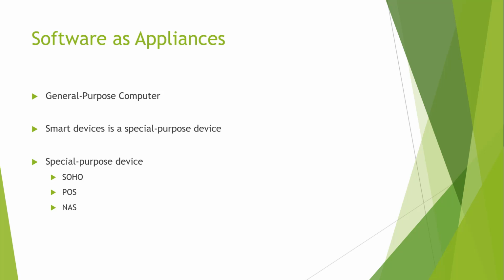Special purpose could also be things like for small offices, home offices. Could be dedicated pieces of technology for like a POS or a network storage device. Those are going to be special purpose devices, while all of them still need a specific level of endpoint protection. Your smart refrigerator, your smart washer dryer, your smart coffee maker, your smart thermostat, all of those need a certain level of protection.